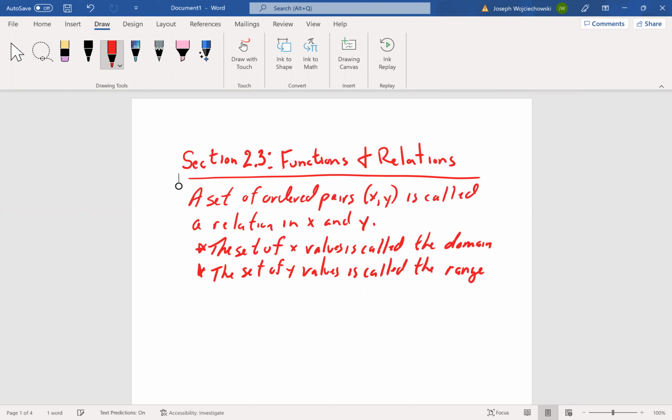It's easy to confuse these, so I just think of it as alphabetical. X comes before Y in the alphabet. Domain comes before range in the alphabet. That's the best way I've come to keep track of which is which.